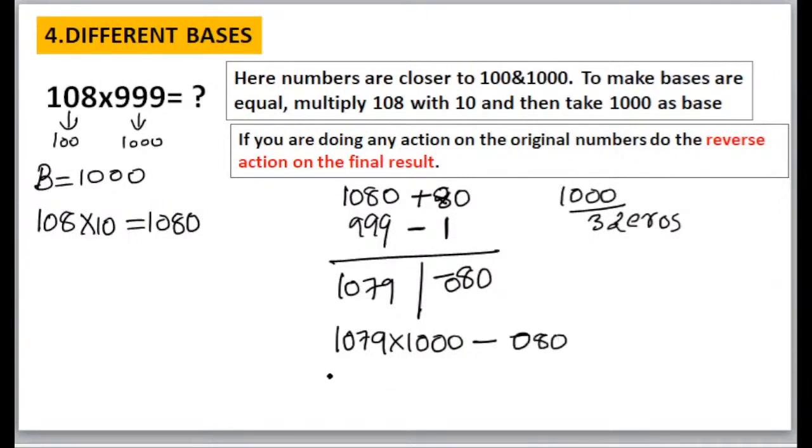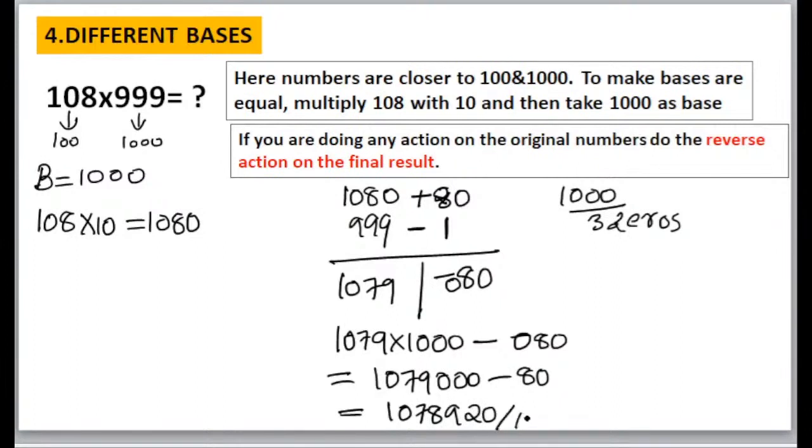That is 1079000 minus 80. That is 1079 minus 1 is equal to 1078. 1000 minus 80 is equal to 920. But you have to divide it with 10 in order to get the answer. That is 107892. This is your answer.